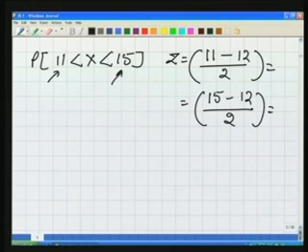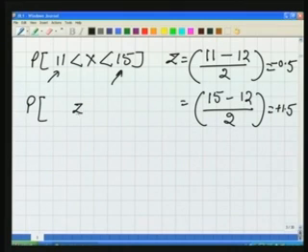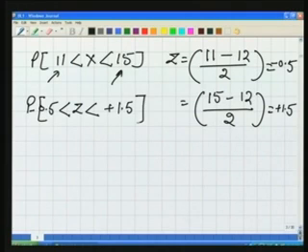So these corresponding values are minus 0.5 and plus 1.5. So what we are looking for? This particular probability is same as the probability that our standard normal variable is more than minus 0.5 and less than plus 1.5.